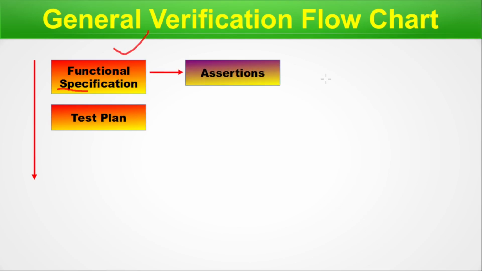Next, we have the assertions. Now, what are assertions? Assertion means you are saying affirmatively that this design will obey these kinds of rules. It could be a port having a particular sense of operation, or a bus that should behave in a particular way.